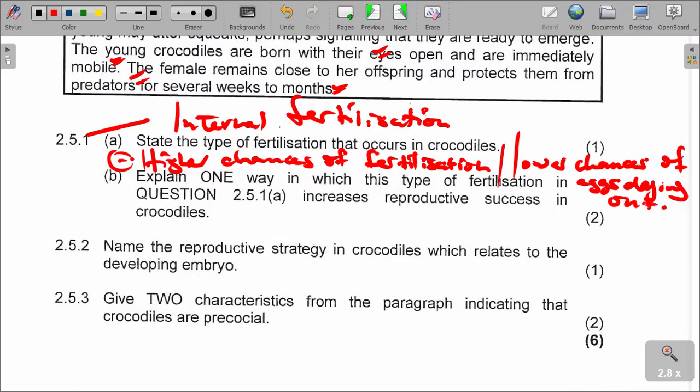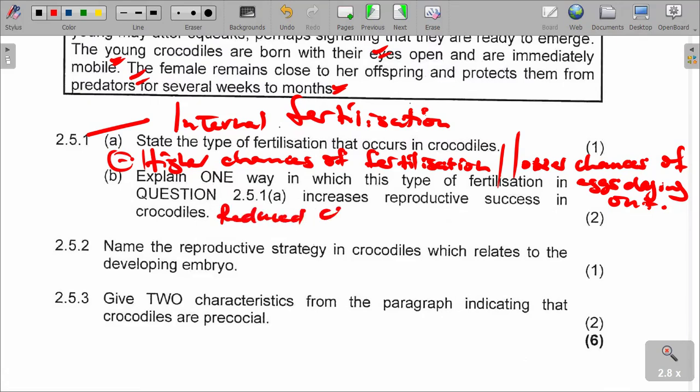Eggs cannot dry out because they are inside the female's body, so there is no drying out of eggs. The eggs are also not destroyed by external environmental conditions.